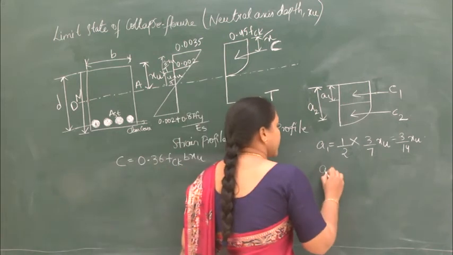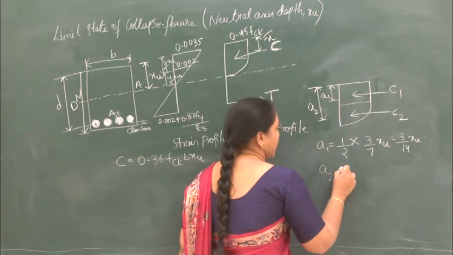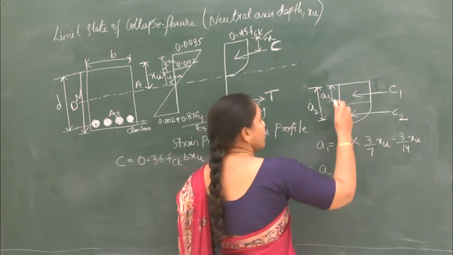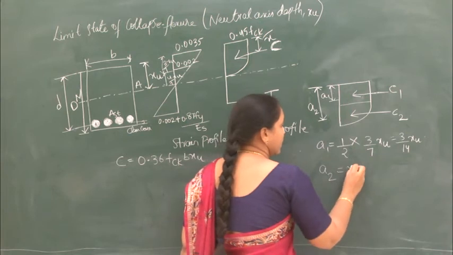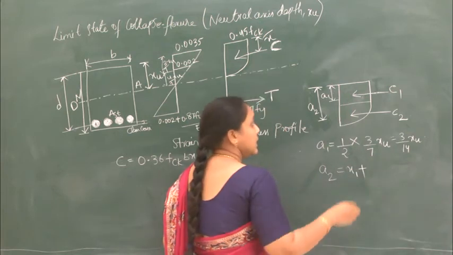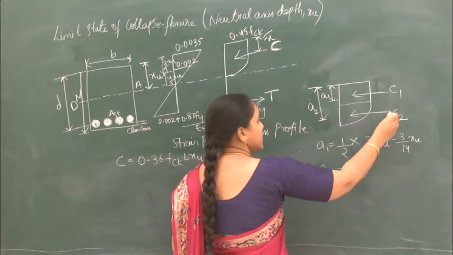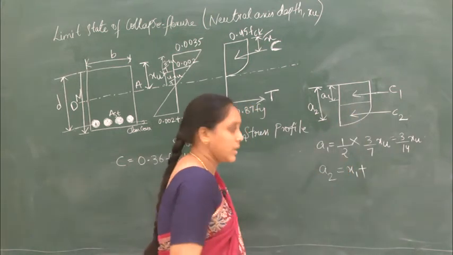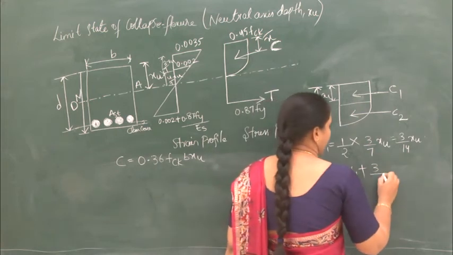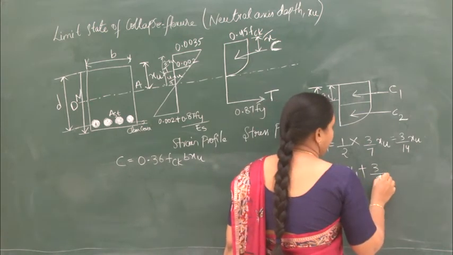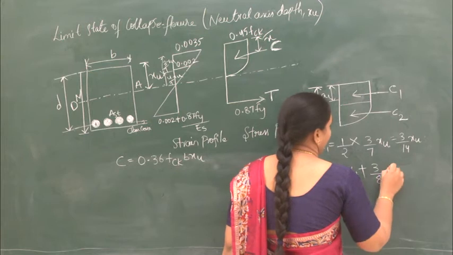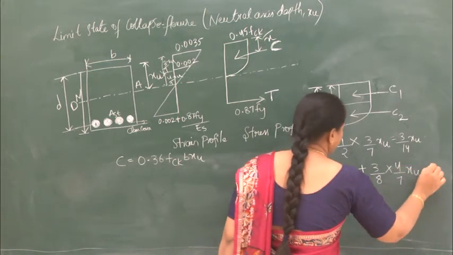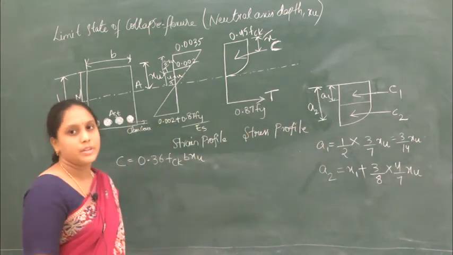Now in a similar way, let us calculate A2. So what will A2 be? A2 will be x1 plus the distance at which this is acting, that is the CG of this parabolic part, that is 3/8 into 4/7 xu.